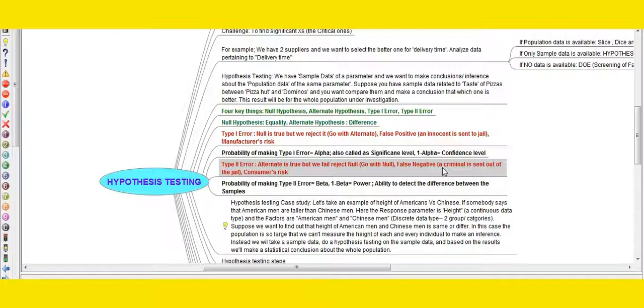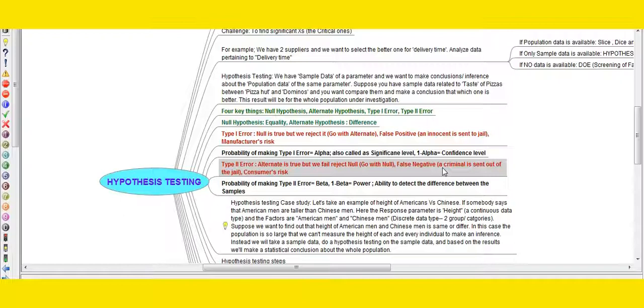So we went ahead with the null hypothesis, with the false realization that he is an innocent person, and we are sending him out of the jail. A criminal is sent out of the jail. So the type 2 error is an error when there was a difference, the alternate hypothesis was true, but we went with the null hypothesis.